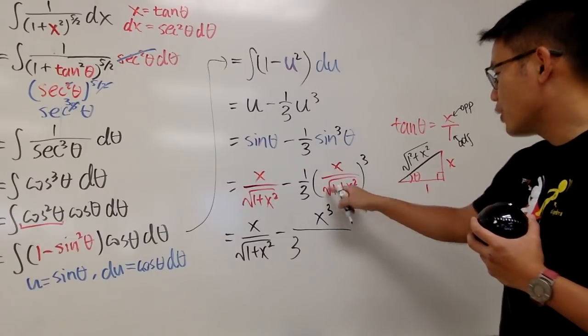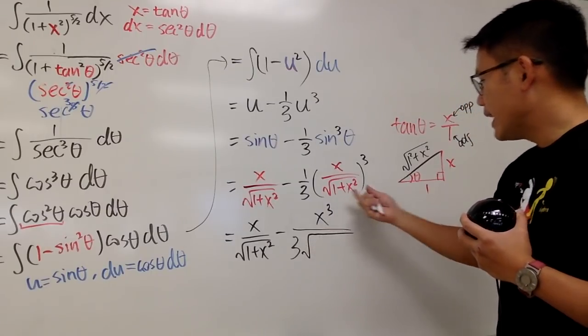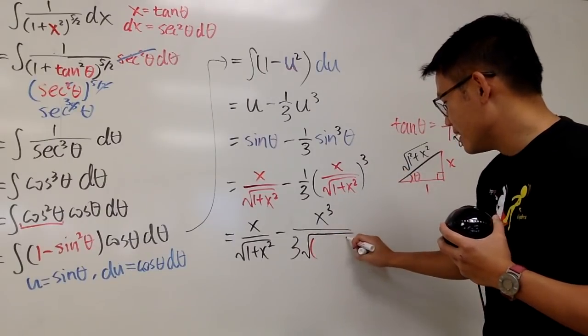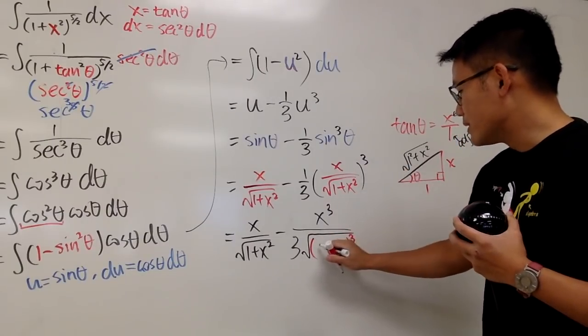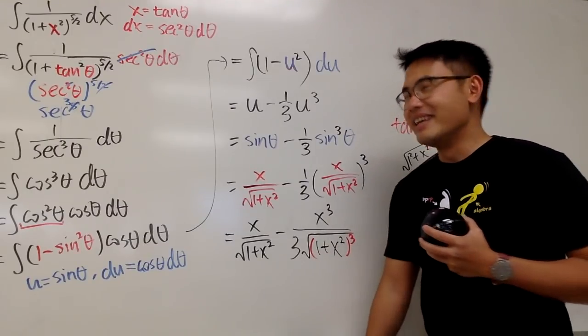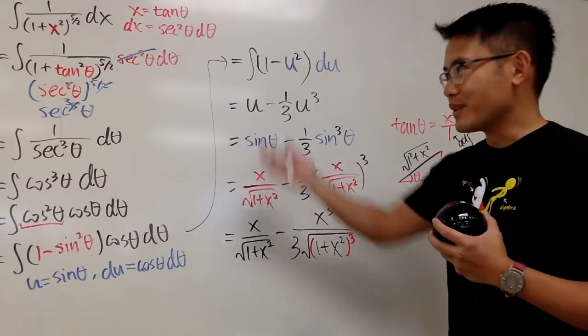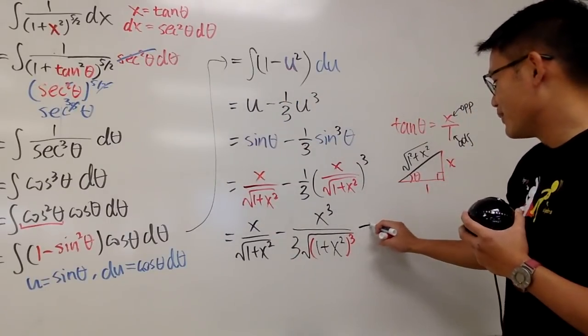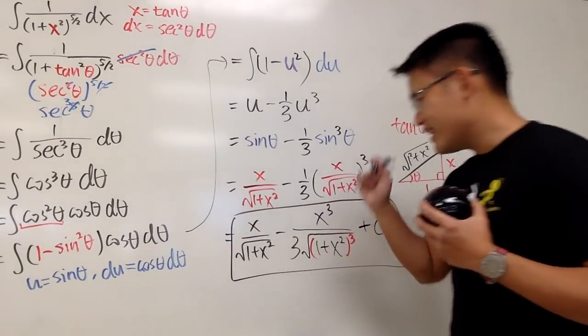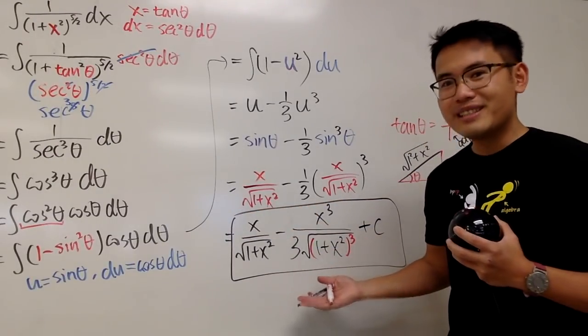I think I will just open the square root right here, and then I will raise this to the third power, so I'll put this down like this to the third power, with the 1 plus x to the second power inside. This right here is the answer for that integral over there. And we're all done. Be sure we get back to the x world, which we did. And as always, that's it.